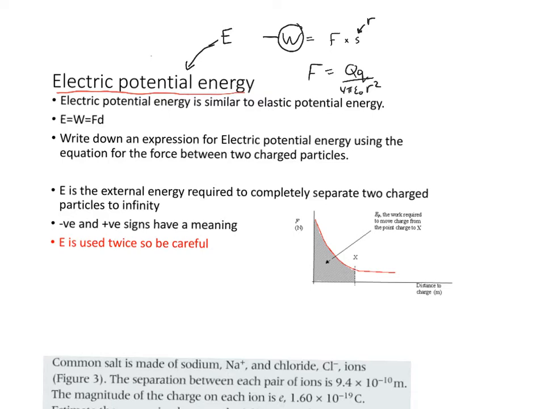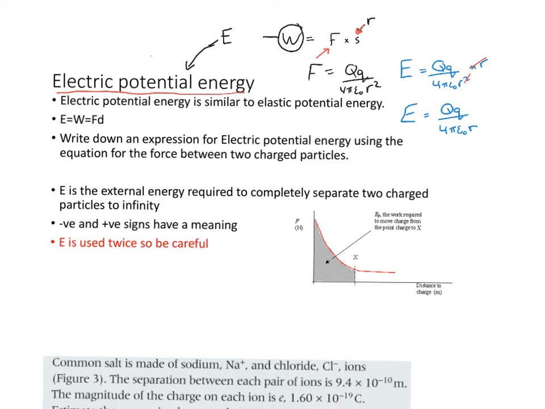So when you substitute F in there and r there, you have the equation for the electric potential energy, which is Qq over 4 pi epsilon naught r squared times r. We cancel r because r divided by r is 1, which leaves us with 1 over r. So the electric potential energy can be calculated using this equation.